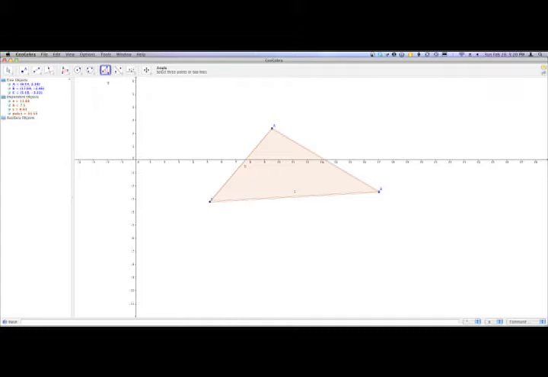Measure each of the 3 interior angles of the triangle, and in doing so I'm going to select point C, A, and B in a clockwise fashion, and you'll see the angle label alpha underneath A. And now I will select A, then C, then B in a counterclockwise fashion, and notice how it does the reflex angle.